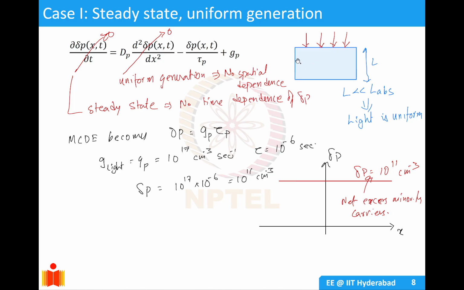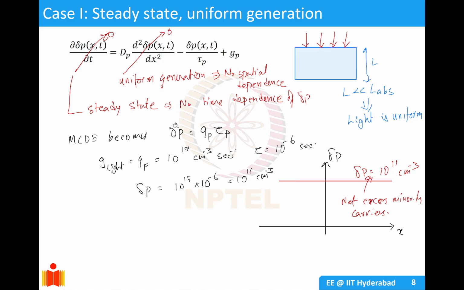Since there is no change in carrier concentration across the semiconductor, you won't have any diffusion, so your diffusion term will become zero. Similarly, it's steady state, so there won't be any change in the carrier concentration with time. So your time variation will also be zero. Now you only have two terms, the recombination term and the generation term.